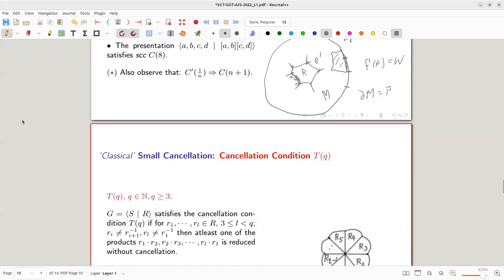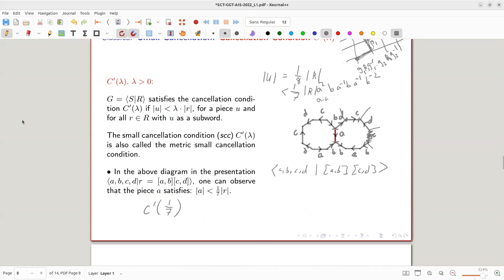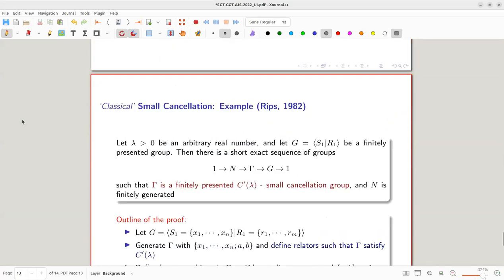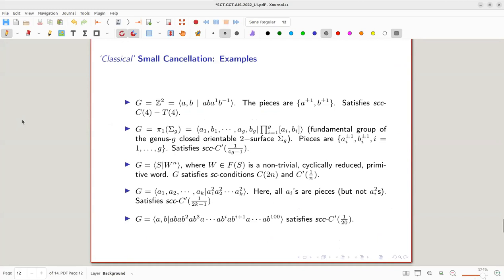Like in the earlier situation, we had an octagon, and the pieces were still the edges. Here we have a 4G-gon, and what are the pieces? Just look at the relators.